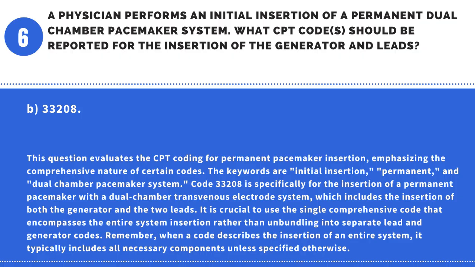Code 33208 is specifically for the insertion of a permanent pacemaker with a dual-chamber transvenous electrode system, which includes the insertion of both the generator and the two leads. It is crucial to use the single comprehensive code that encompasses the entire system insertion rather than unbundling into separate lead and generator codes. Remember, when a code describes the insertion of an entire system, it typically includes all necessary components unless specified otherwise.